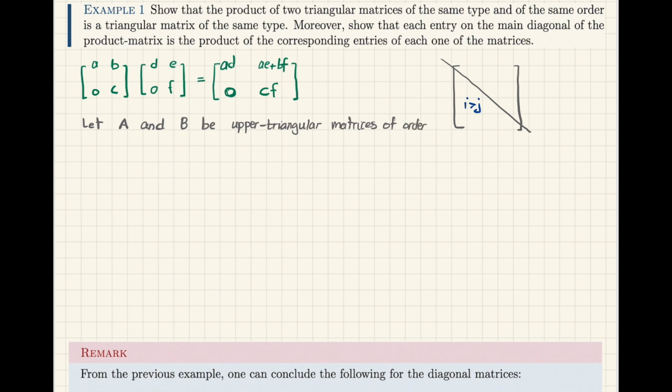You know that upper triangular matrices are square matrices, so I don't need to say how many rows and columns. I say simply order n, meaning n rows and n columns. We show that AB is also an upper triangular matrix.